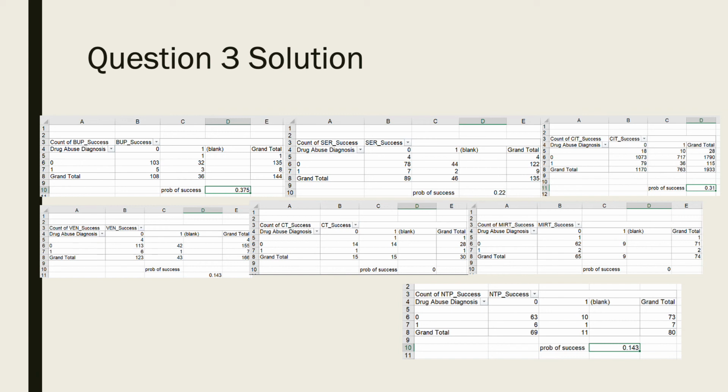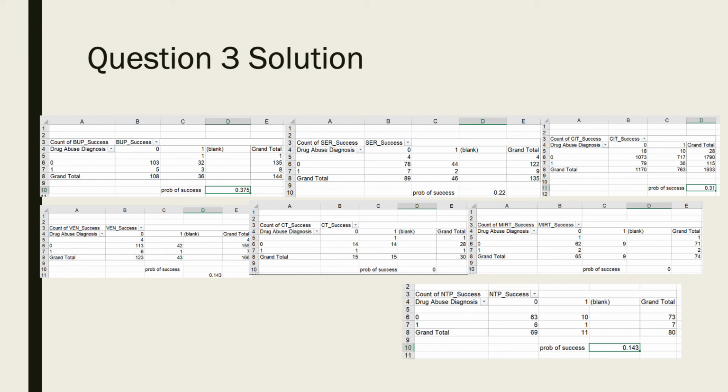And after checking the numbers, we see that the BUP, which we have here on the top left, comes out with the highest number of 37.5%, meaning in the 8 people that received the BUP treatment, 3 of them, or 37.5% of them, saw some sort of benefit. There was a success rate.